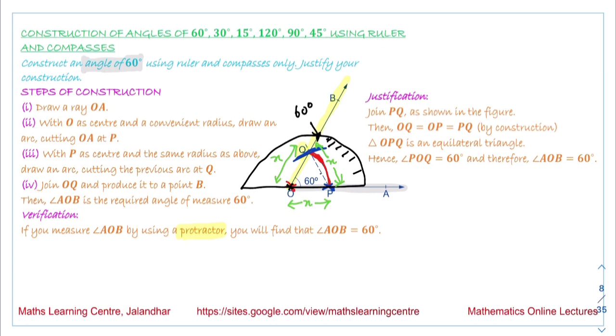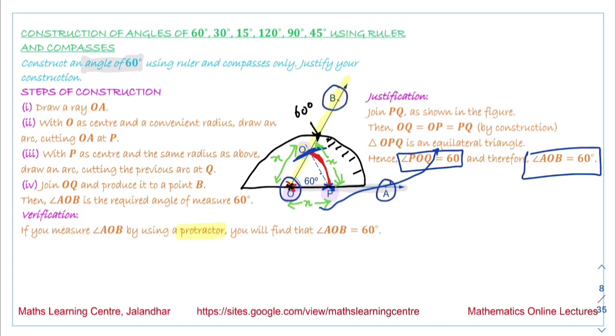All these three sides, OP, PQ and QO, are of length x. It means this triangle is an equilateral triangle, and we know that the measure of each angle of an equilateral triangle is 60 degree. So this angle AOB is 60 degrees.